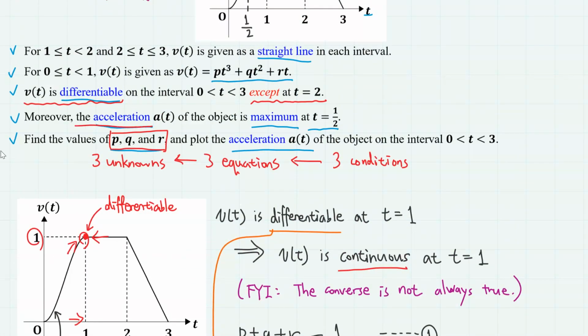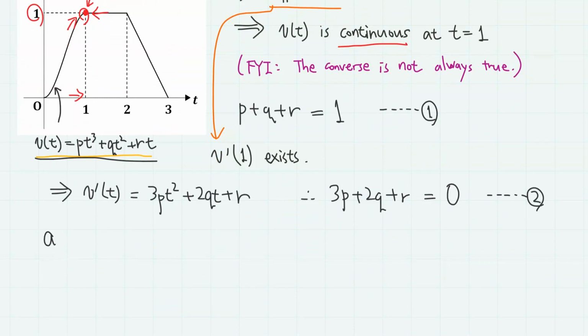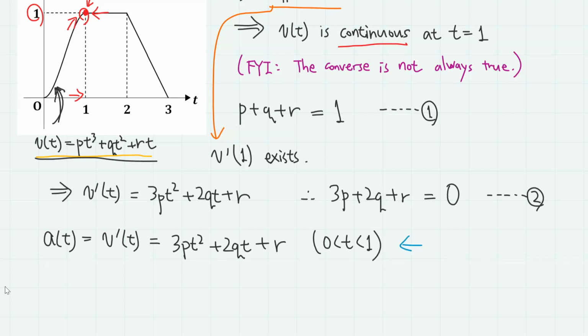Finally, we use the given acceleration condition, that it is maximum at t equals 1/2. The acceleration a(t) is simply the derivative of v(t) with respect to time. So at t between 0 and 1, the acceleration a(t) is given by 3pt squared plus 2qt plus r. And since this acceleration has its maximum at t equals 1/2, the derivative of a(t) at t equals 1/2 must be 0.